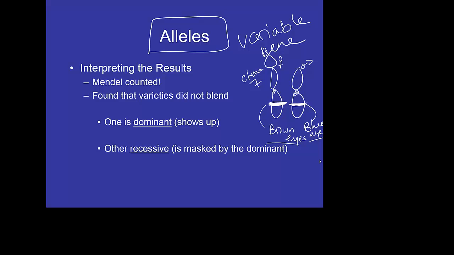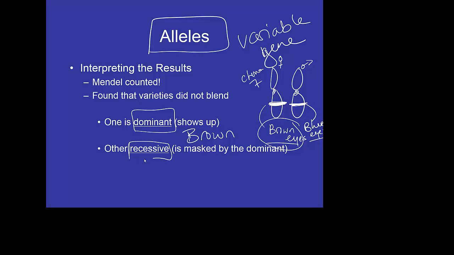Well, you don't typically get one of each. So we've got to figure out what's going on. What would show up from this? If one says brown eyes and one says blue eyes, you're actually going to get brown eyes. Right? When we say that that occurs, we say that this is a dominant trait. That's what's going to show up if it's present.